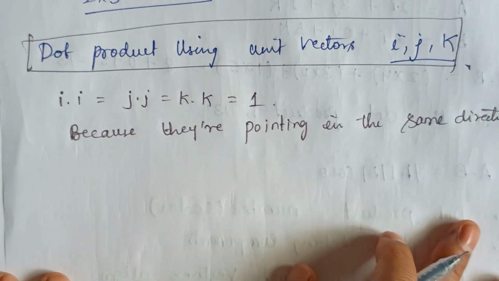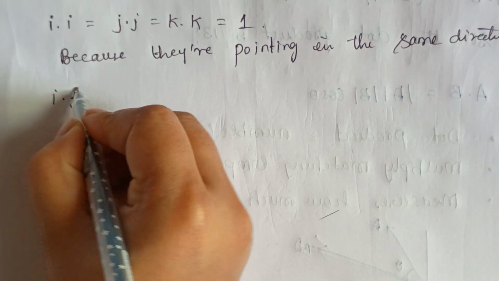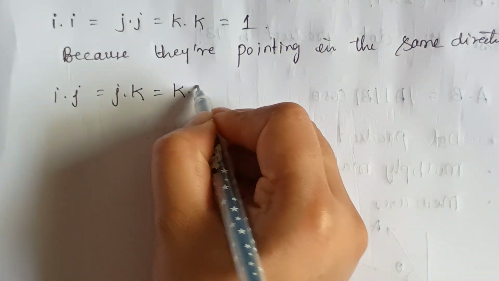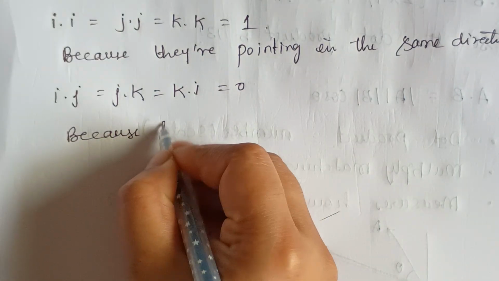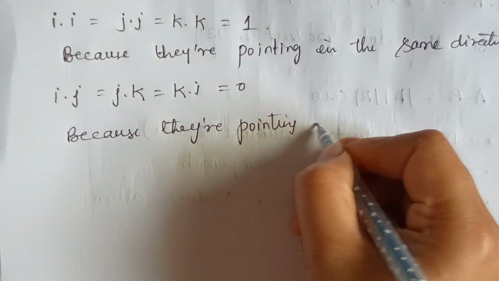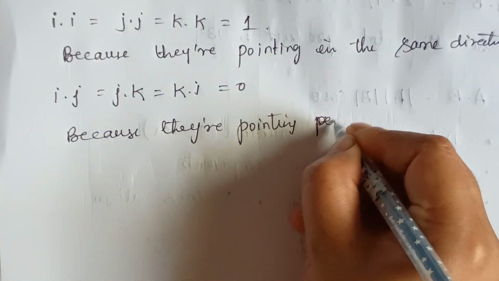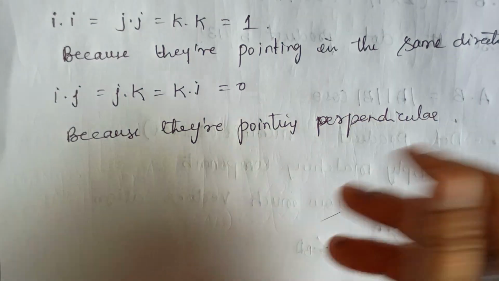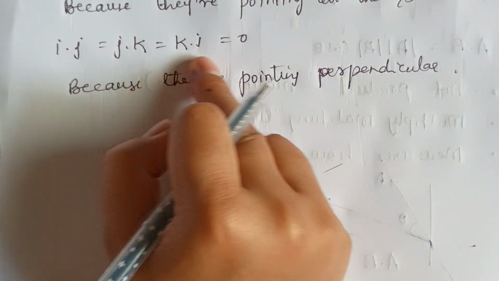Now we have i into j equals j into k equals k into i equals 0, because they are pointing perpendicular, not opposite, but perpendicular to each other.